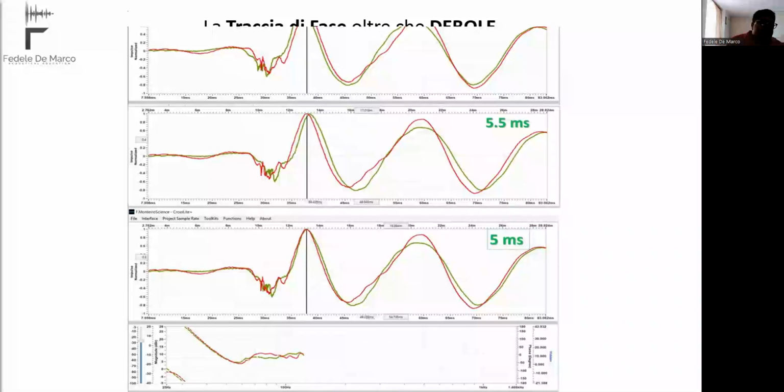If all these values appear to be valid when looking at the phase trace, when we look instead at the more robust IR, we see how these correspond to even significant shifts of the waveform.